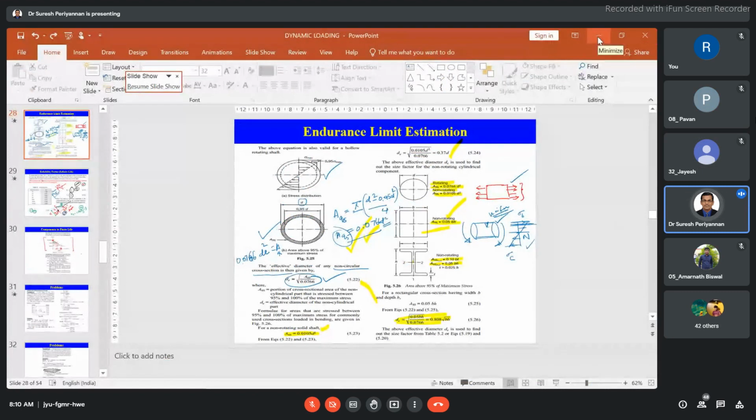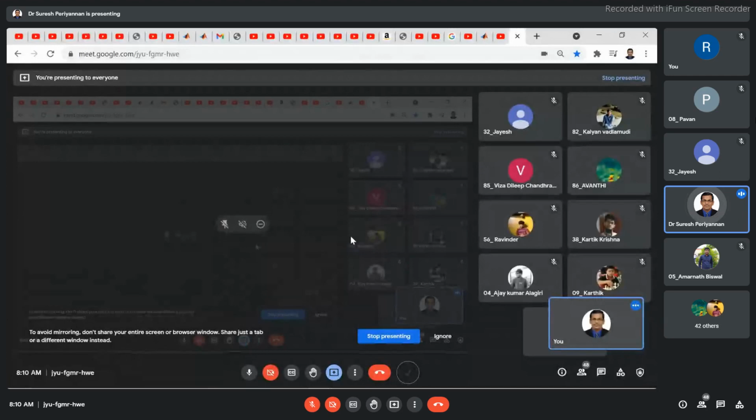And one more suggestion, guys: prepare your assignment and submit it, whatever we taught in the class, example problems, and a few more example problems in your Bandari book. You follow that, so enough. And if you cover the assignment, surely you are going to get good marks. Whatever concept we discussed will be there.